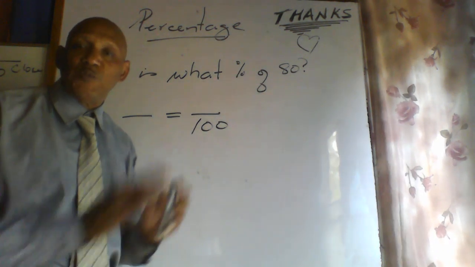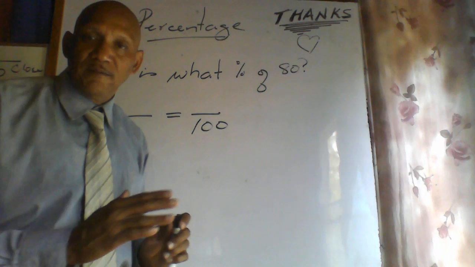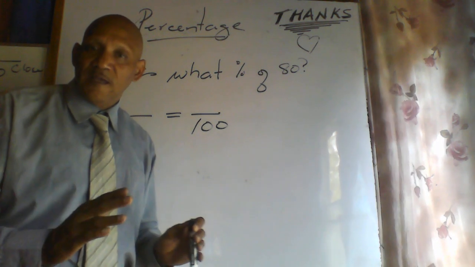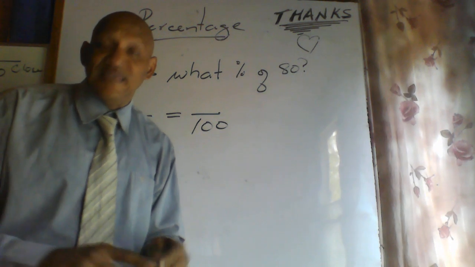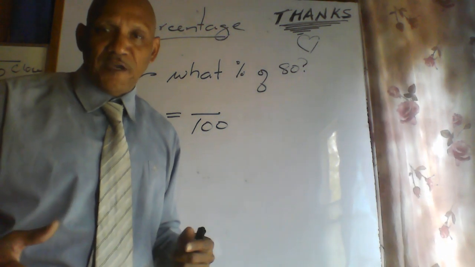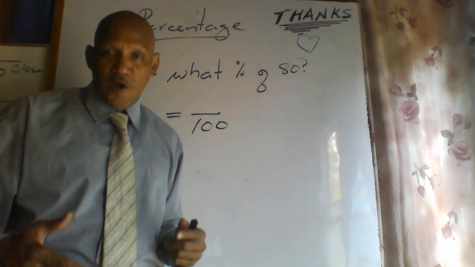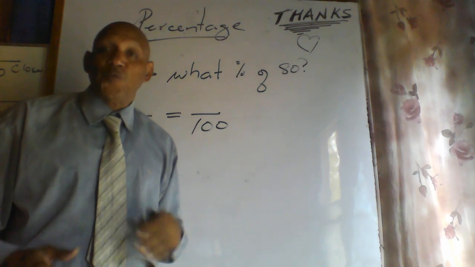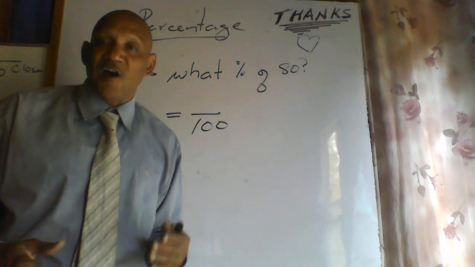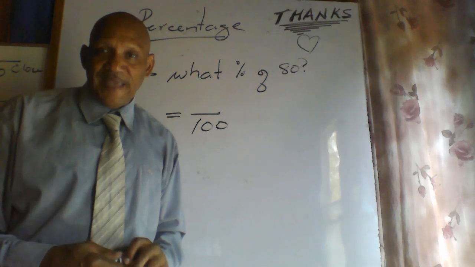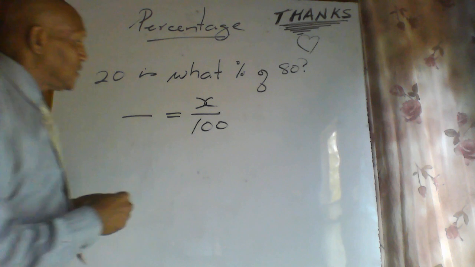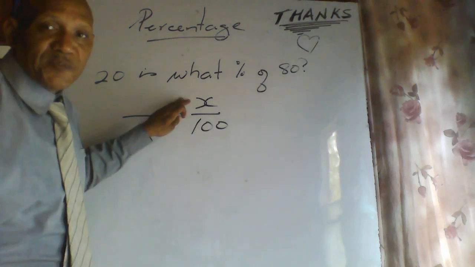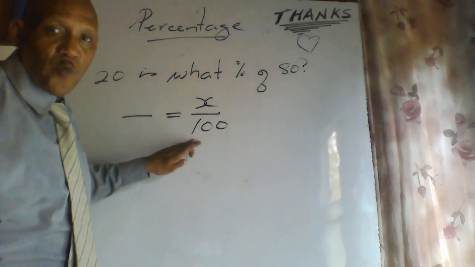So what we do is we put a variable for the unknown right there. We could put any variable, A, B, C, D, letters are variables. What we usually put as the unknown is the variable x. So x would represent the percent over 100.